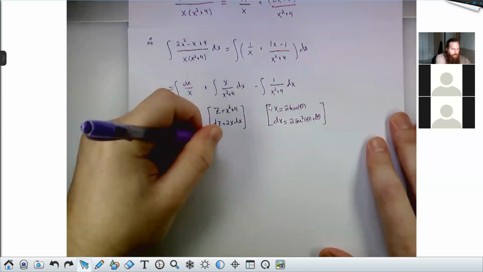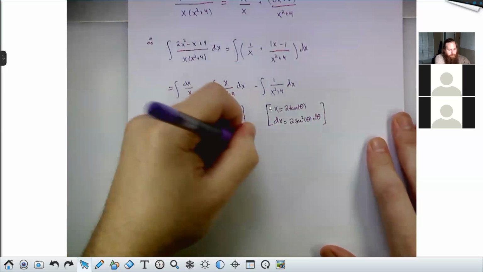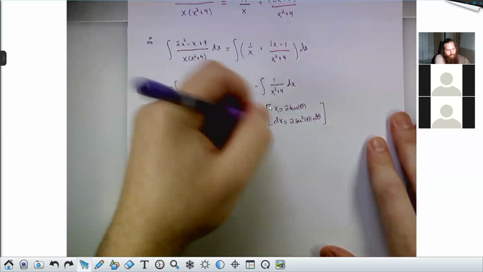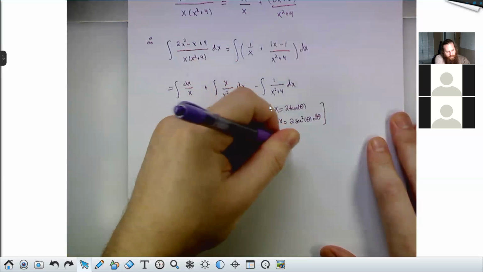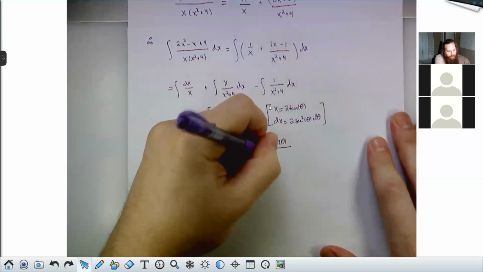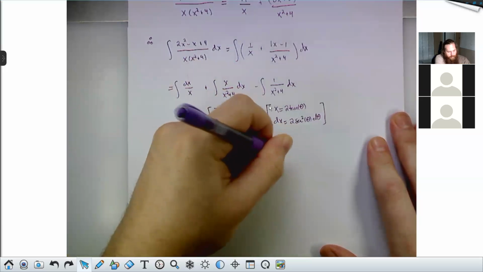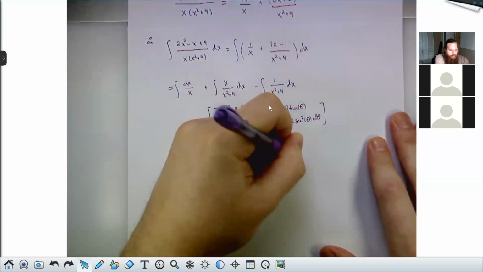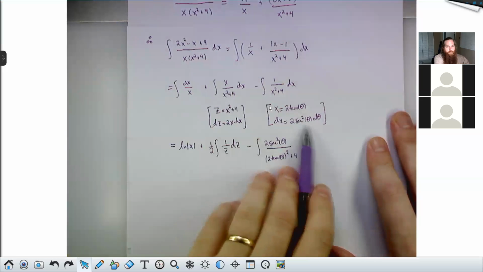Second piece is 1/2 integral 1 over z dz, minus. Third piece is 2 secant squared theta over 2 tangent theta all squared plus 4 d theta, right? The secant squared coming from the differential.